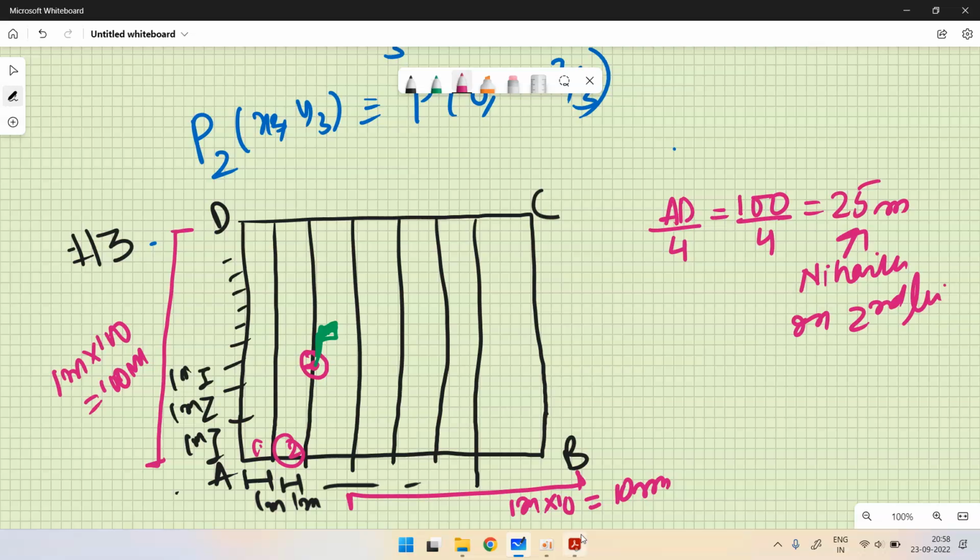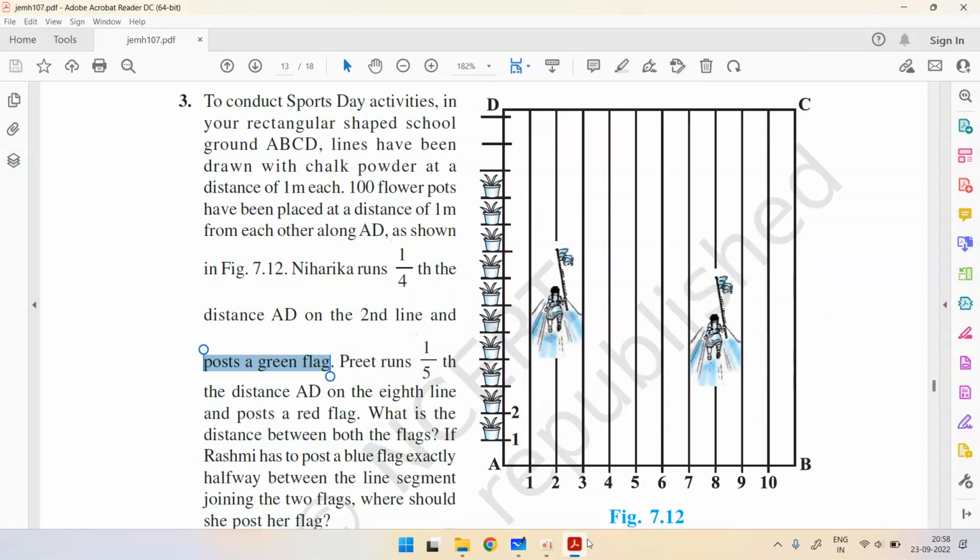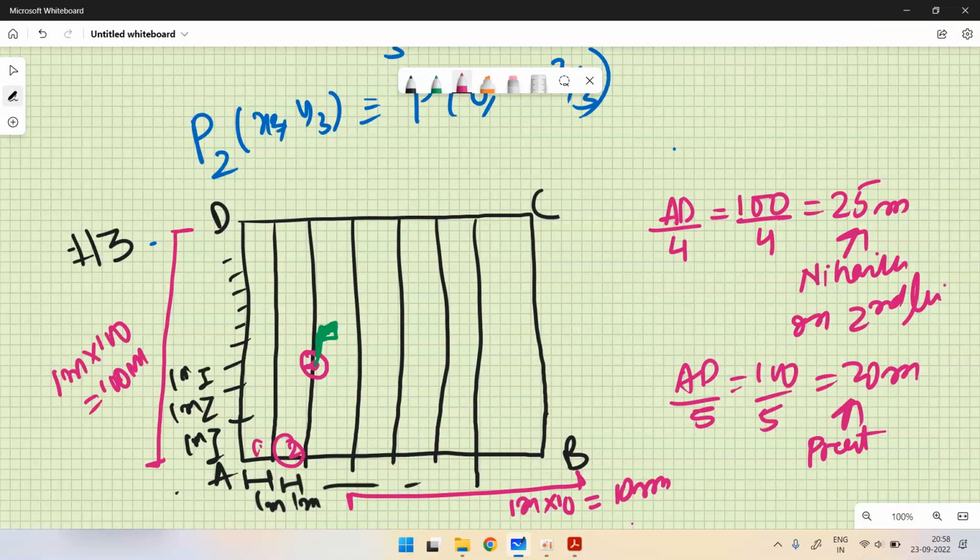And what is Preet? 1/5 done by Preet. So AD by 5, 100 by 5, is 20 meters. This is done by Preet on which line? They are saying she ran and posted a red flag on the 8th line.